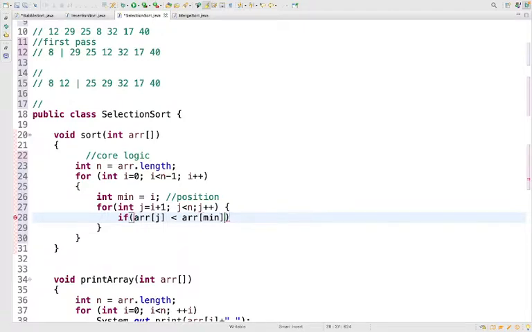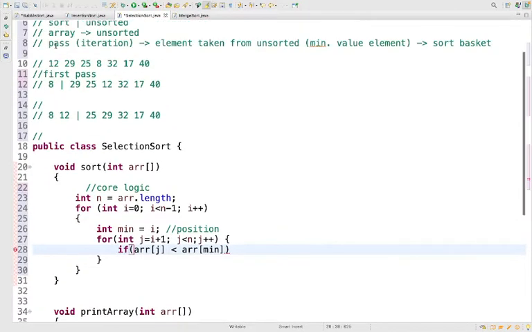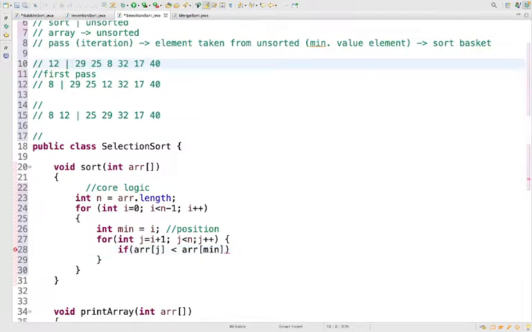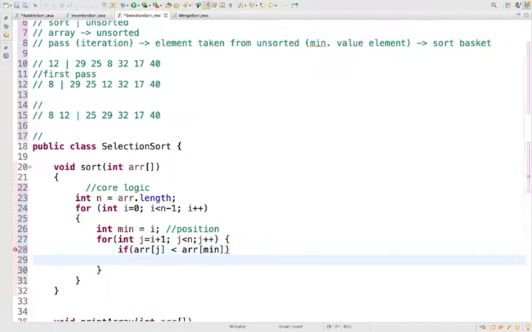In this, we kept the minimum position value as 12 initially. Now we are checking the rest of the elements to see whether any position has a value less than the first position, that is 12. So it will check for that, and if it finds it, we'll assign that position value as min equal to j.